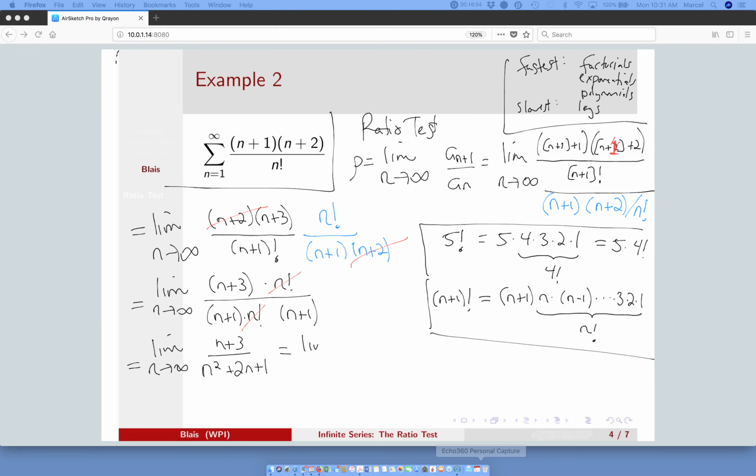Dividing every term, top and bottom, by the dominant term in the denominator, which of course is n squared, gives us n over n squared plus 3 over n squared, over n squared over n squared plus 2n over n squared plus 1 over n squared.